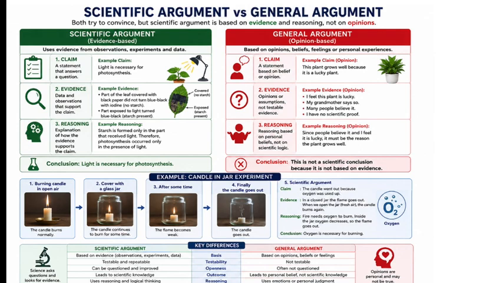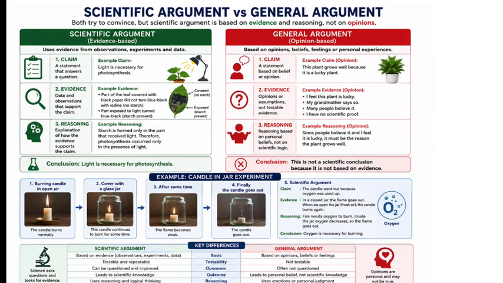For example, when we say that light is necessary for photosynthesis, we make such a claim, so how do we convince other people? In a scientific argument, we convince people by showing evidence or proof. To show that evidence, we perform an experiment to show that light is important for plants.